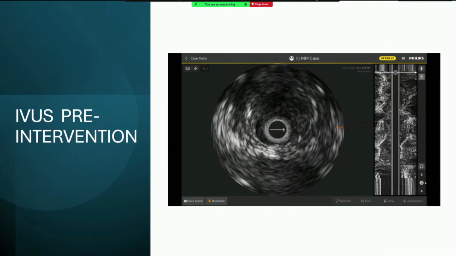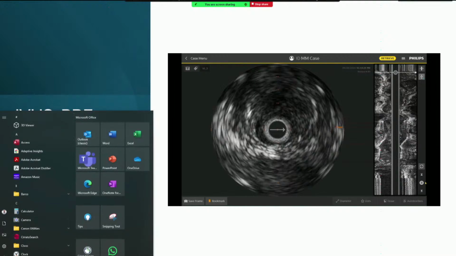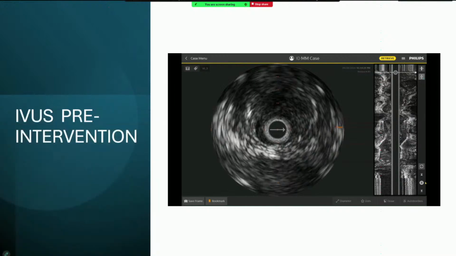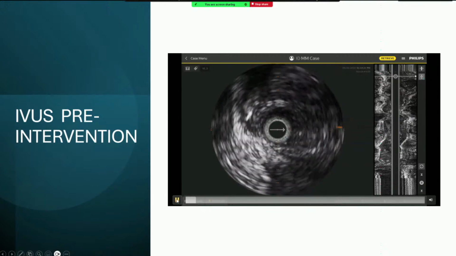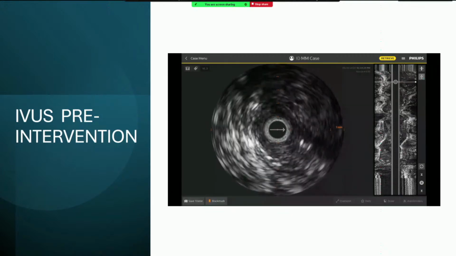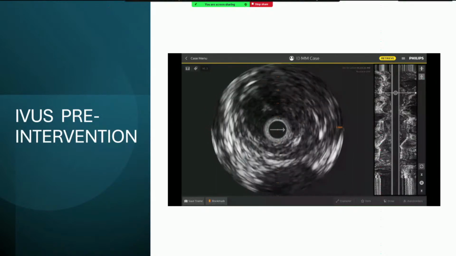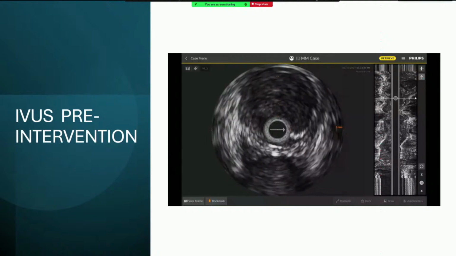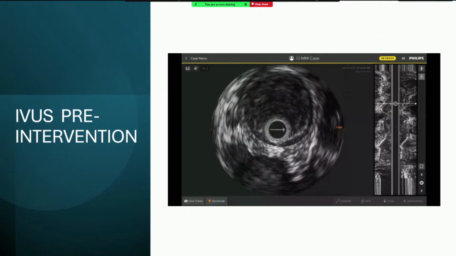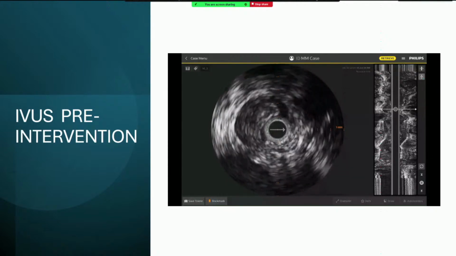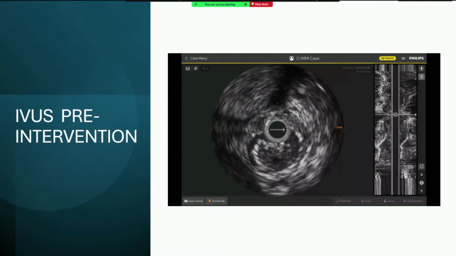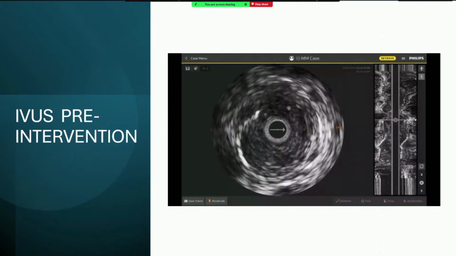So I started below the knee in the posterior tibial artery. You can see now we are in the popliteal region. There's plaque material. That's a lot of thrombus that can be seen. It's very fluffy material, which is not that dense.